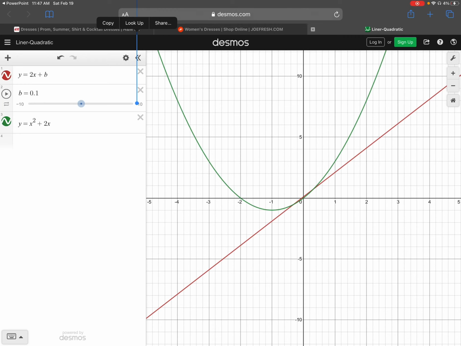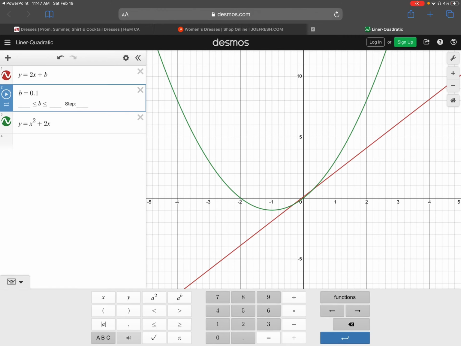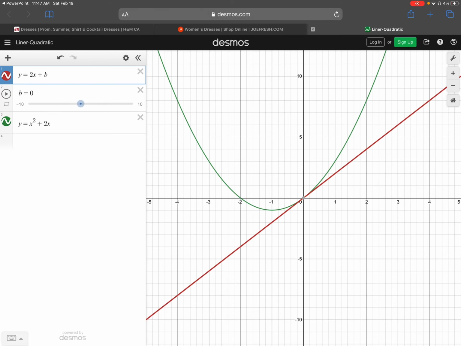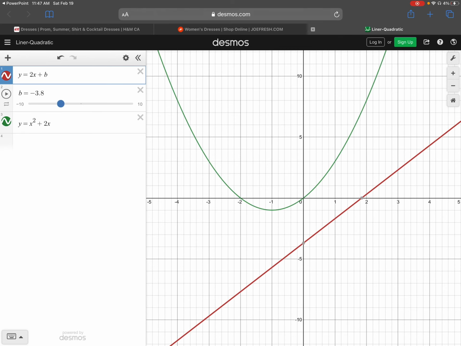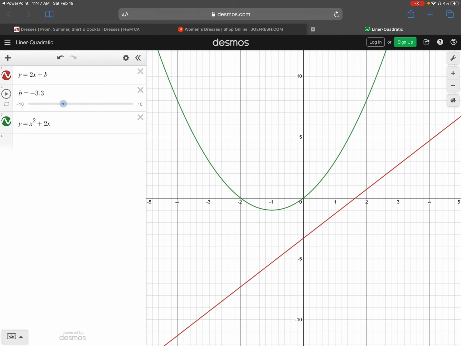It's a little bit hard to do on Desmos here, but if I make this 0, it looks like we have exactly one solution for the quadratic and the linear function. So we can see depending on the y-intercept for this line, we may or may not have any solution.